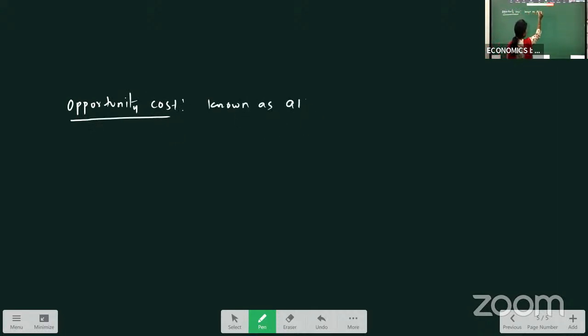Most of the time it is repeating. Opportunity cost. It is also known as alternative cost or economic cost, right?